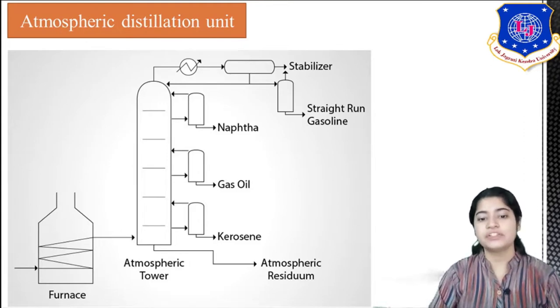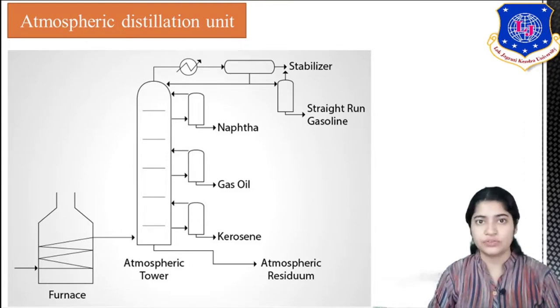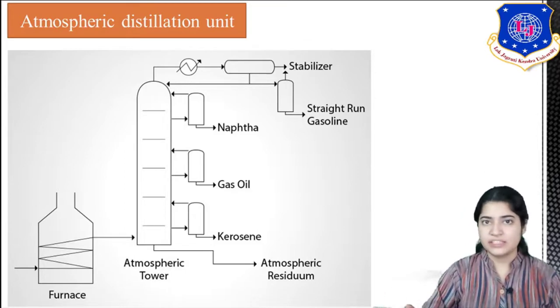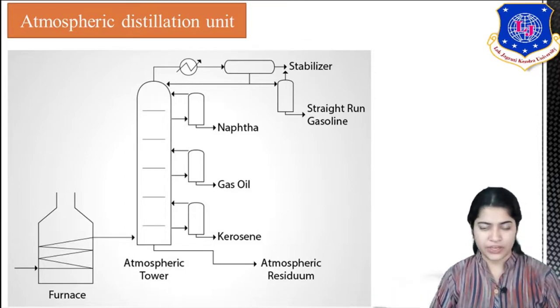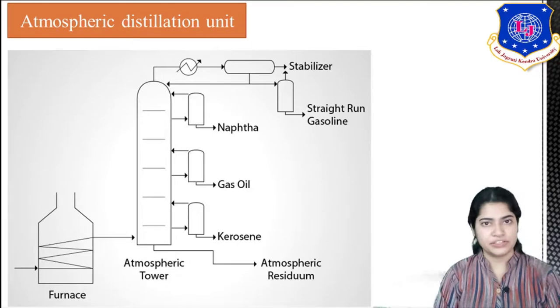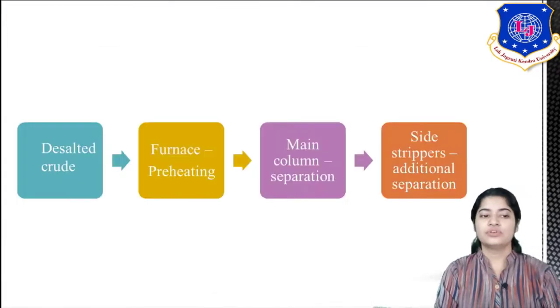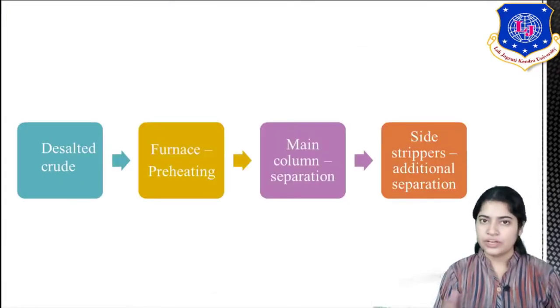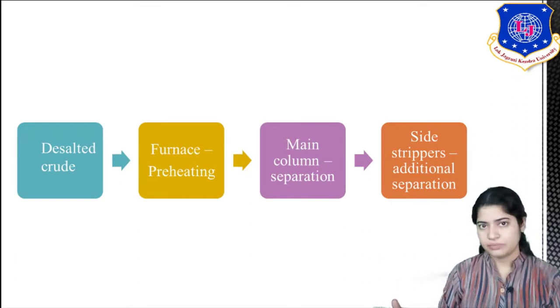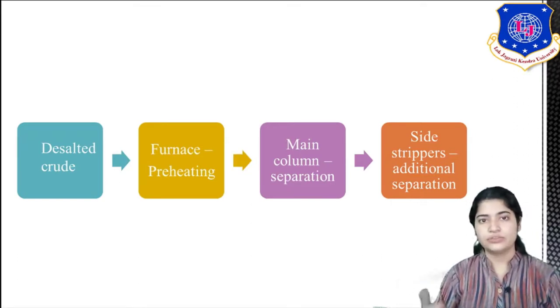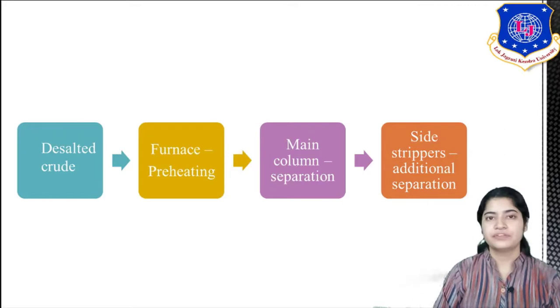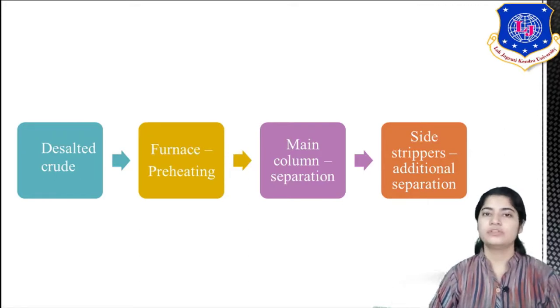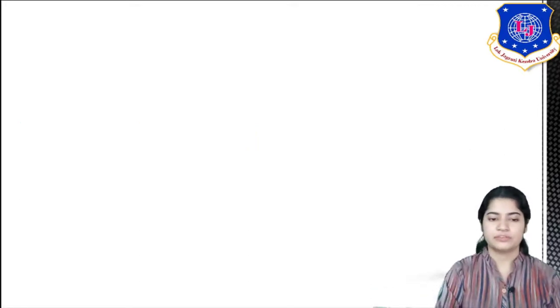The liquid, which is octane, that is your straight run gasoline, is in liquid form, and the gases which are separated out are your LPG. This is how the atmospheric distillation unit works. So you can divide it as desalted crude first sent to the furnace, then to the main column, to strippers, and finally you get your products.